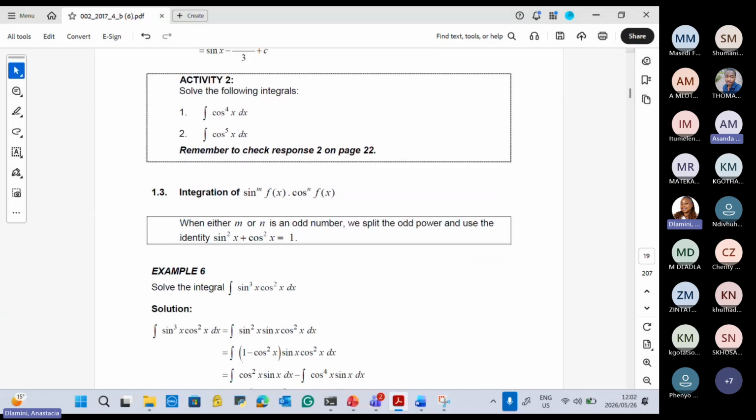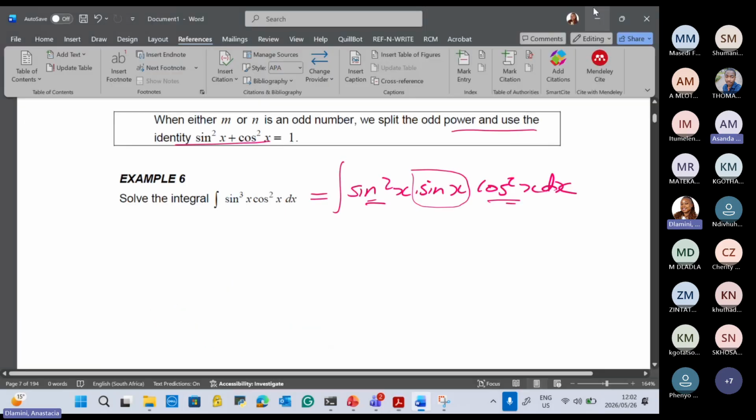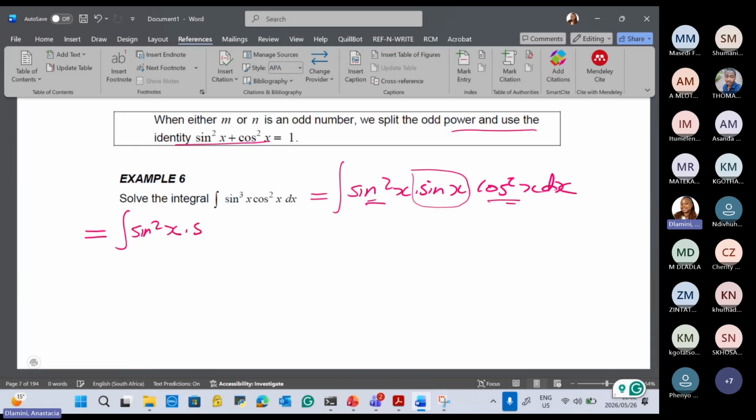So they replaced the sine. Let's see what happens if instead we replace cos. So we say this is the integral of sine squared x times sine of x times cos squared x, which we make 1 minus sine squared of x, dx.